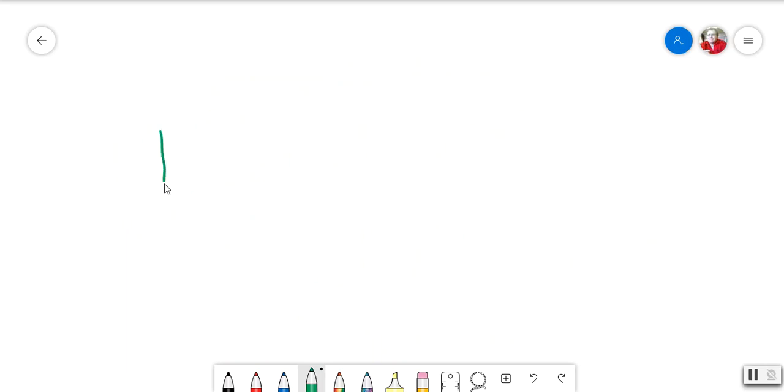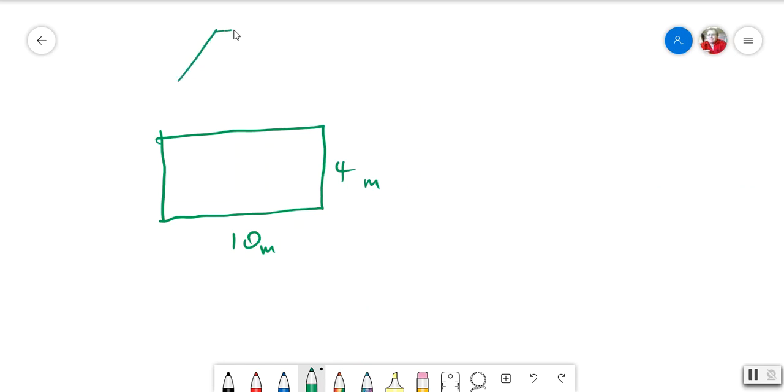Well, a rectangle really is the same thing as a parallelogram. It is a parallelogram. Say this was 4 by 10 units, say meters. Well, a parallelogram is a slanted rectangle, or a rectangle is a straightened out parallelogram.